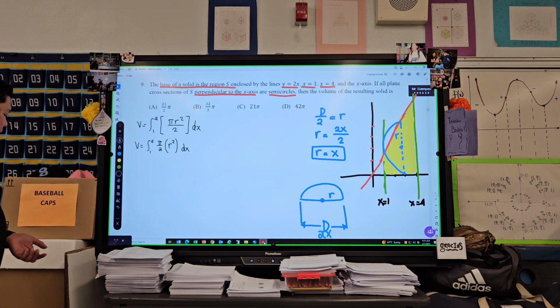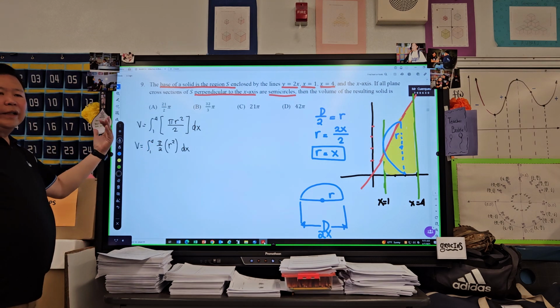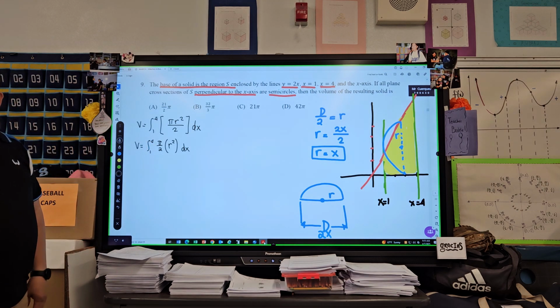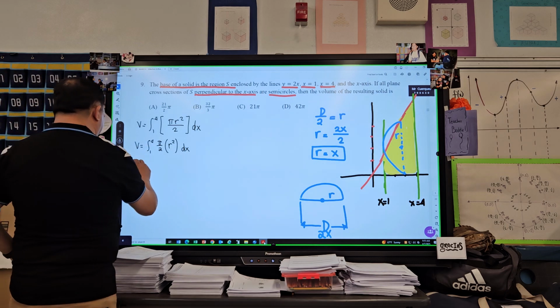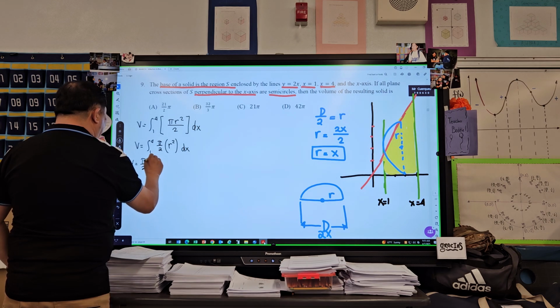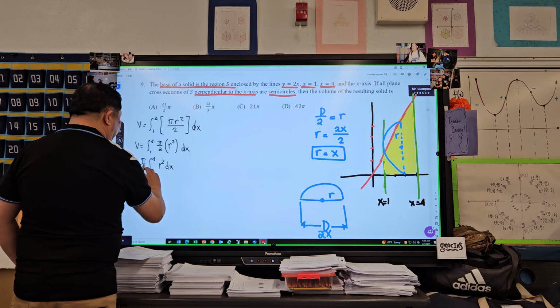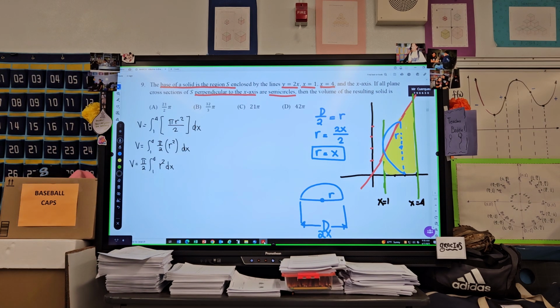Next, what to do with this pi over 2? Write it in front. So volume is equal to pi over 2, the integral from 1 to 4, and you have r squared dx, and then you can take now the antiderivative.